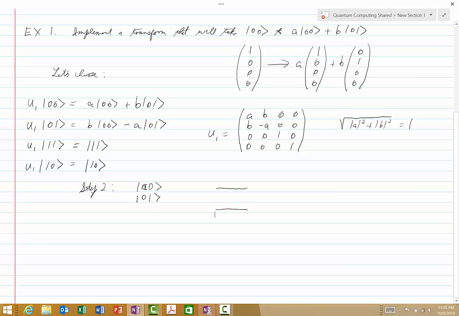Since this list and this list differ in the second bit, this will act. So I'll say U1 tilde equals A, B, B minus A.